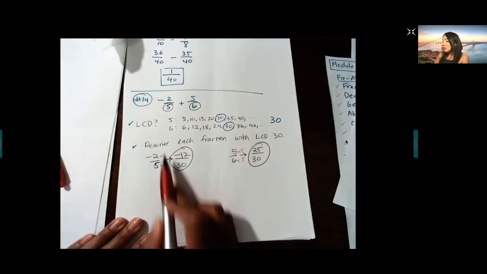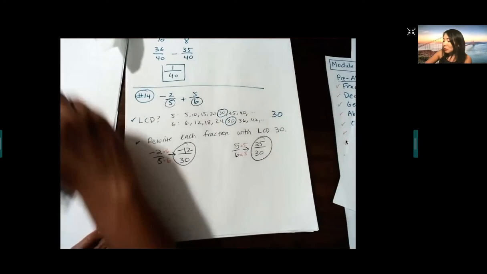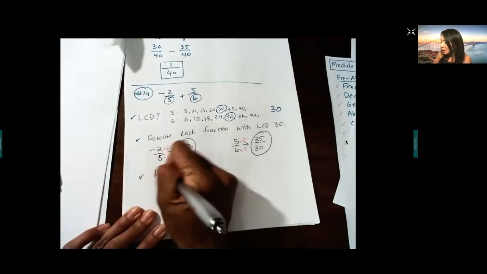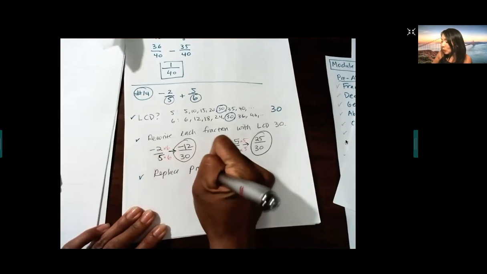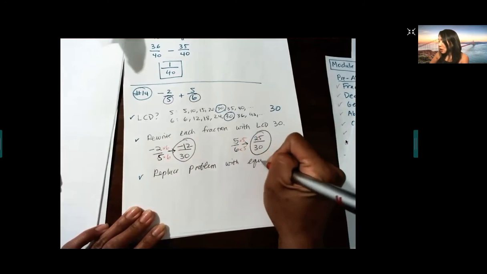So now I'm going to rewrite this with these new fractions. I'm going to replace the problem that we started off with the equivalent fractions.